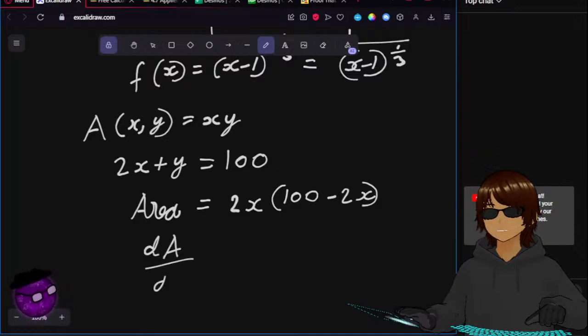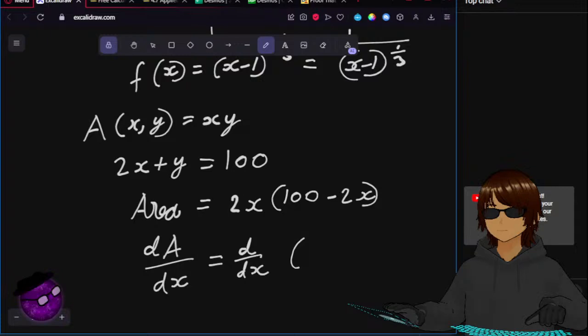And then derivative of A with respect to x: 200x minus 4x squared.